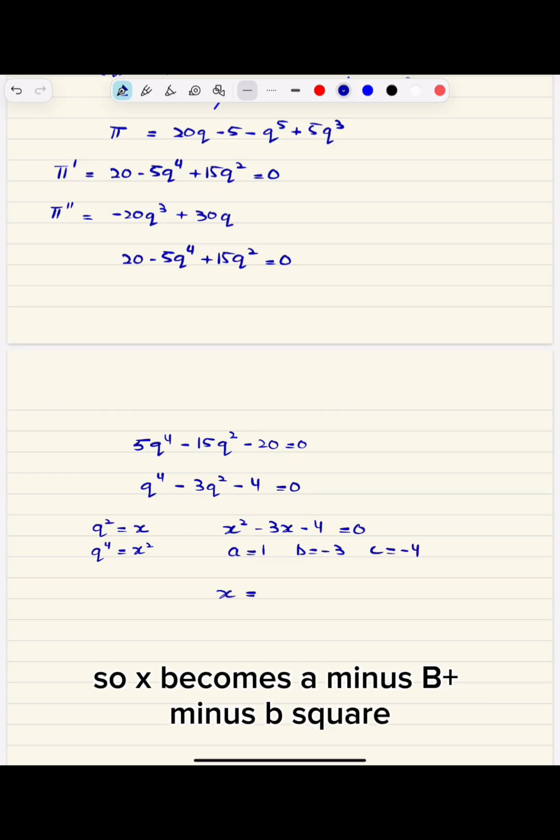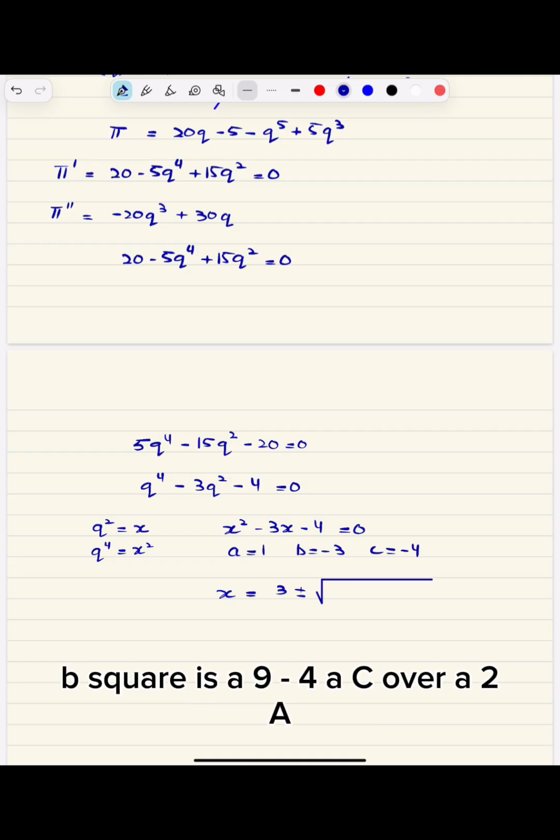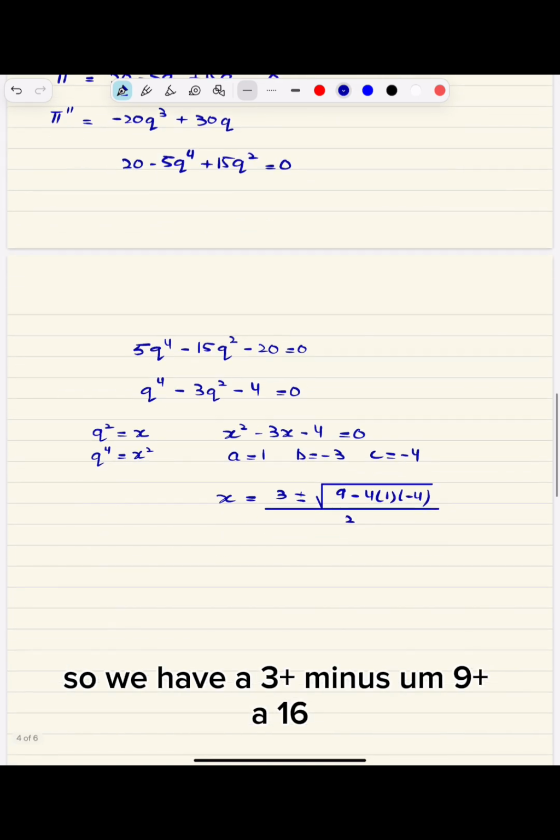So x becomes -b plus or minus the square root of b^2, b^2 is 9, minus 4ac over 2a.